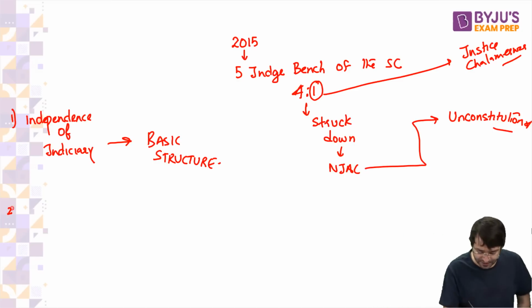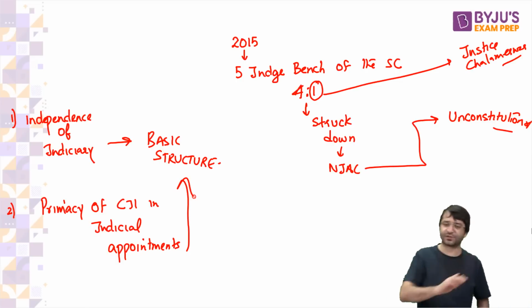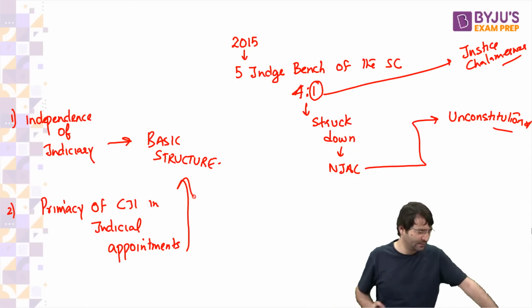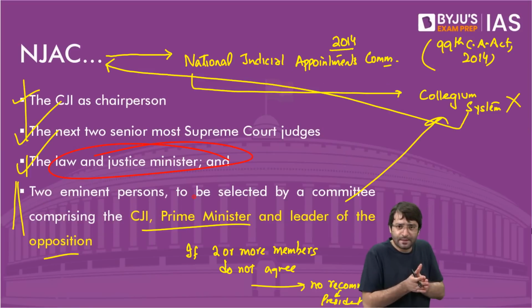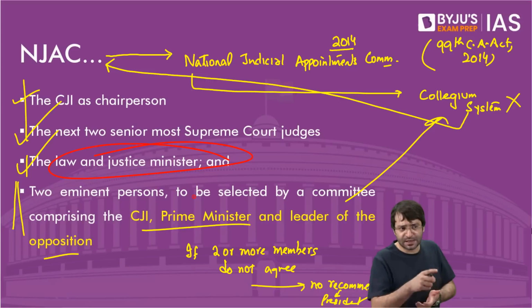And 4 judges said, primacy of Chief Justice of India in judicial appointments is also part of the basic structure. Primacy of Chief Justice of India. Once NJAC sits, what if there is a discussion on my name? Can Sarmat be recommended to the president by NJAC for appointment?